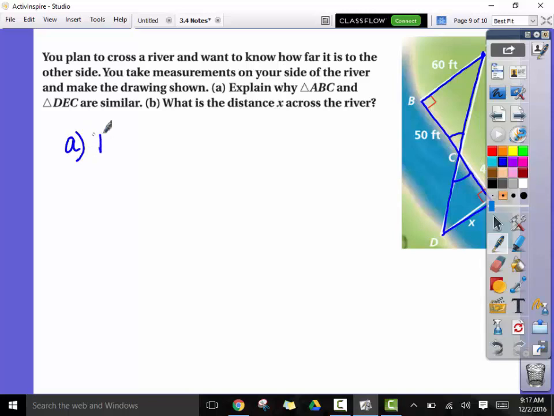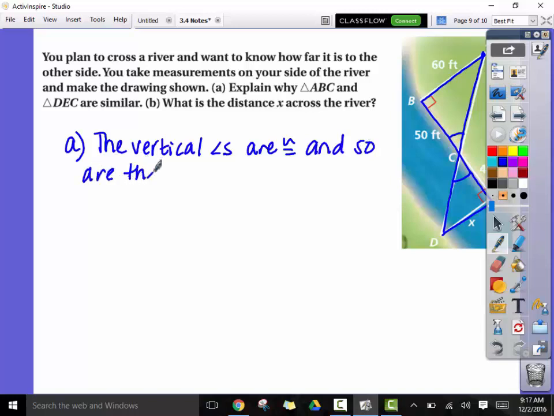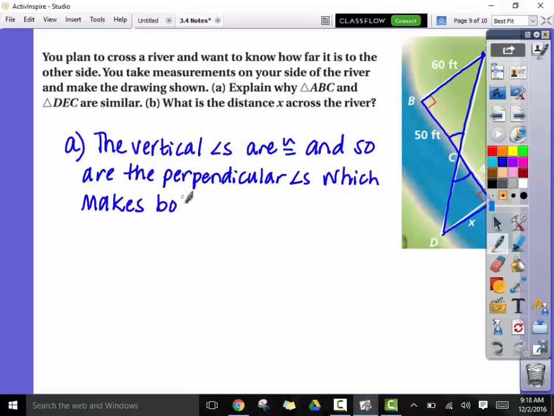So for part A, the vertical angles are congruent, and so are the perpendicular angles, which makes both triangles have two congruent angles, so they are similar.